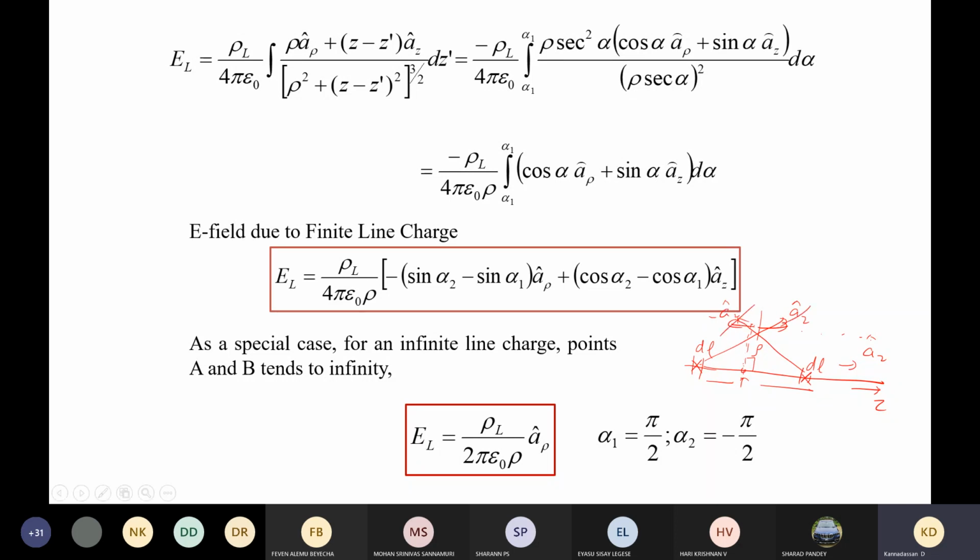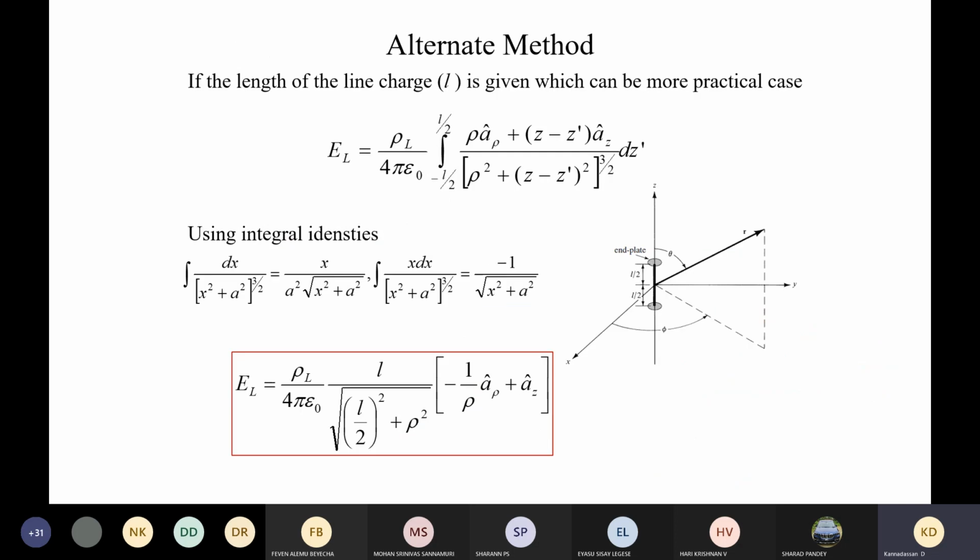Only this vector survives. When we substitute the values of alpha, alpha 1 and alpha 2, we obviously get this equation. The interesting part is that here it depends purely on the distance from the line.